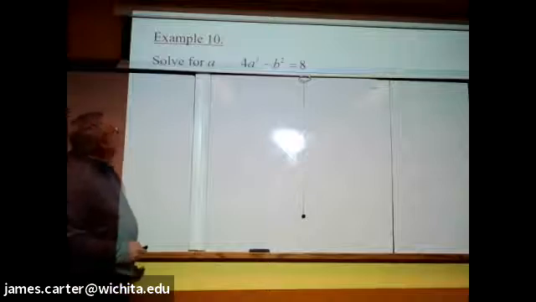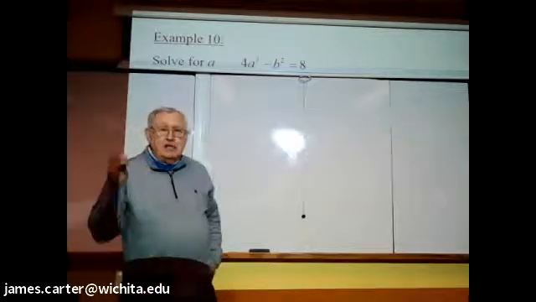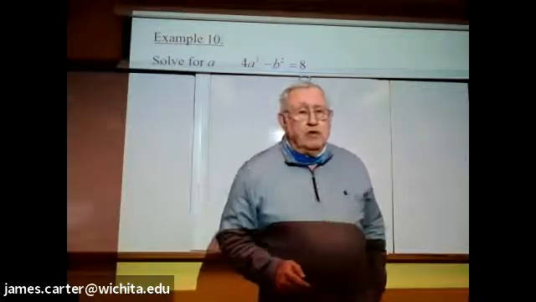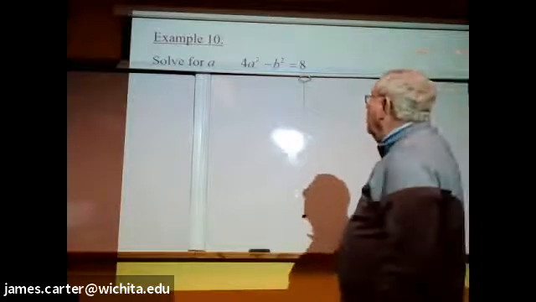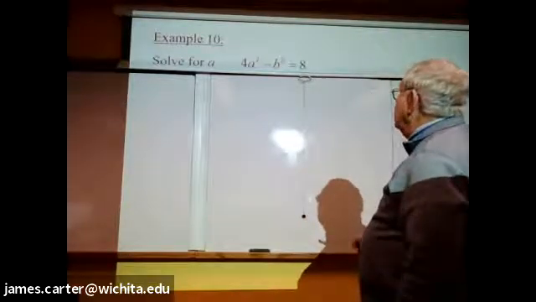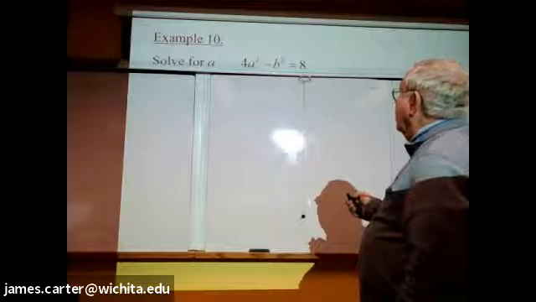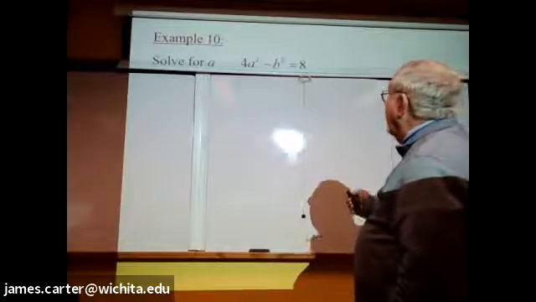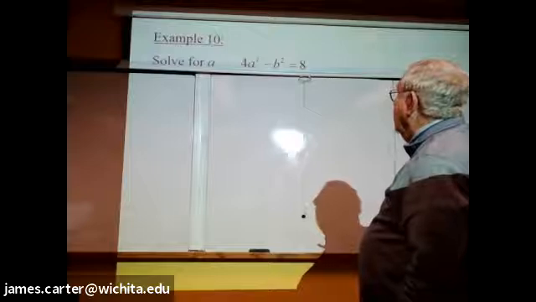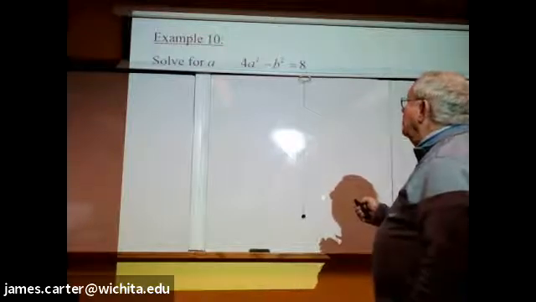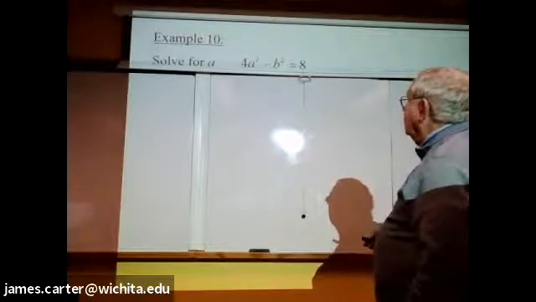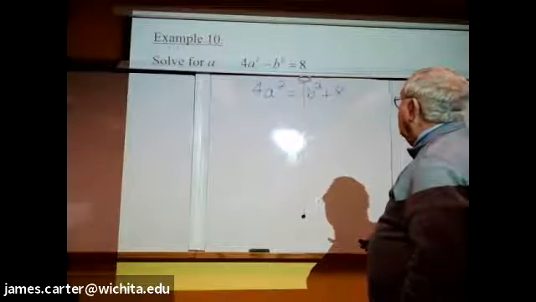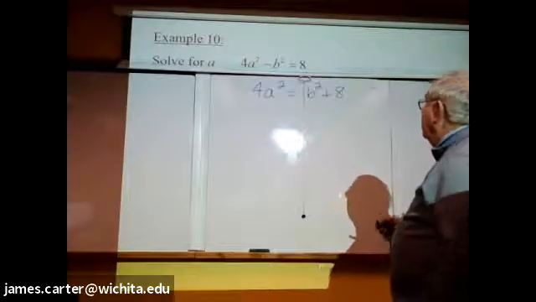Well, if you recall, we've called these literal equations. Basically, we've got to isolate an A out of this equation, is what we're doing. So what we do is first get the A squared by itself, and then find A. Okay, here's the A squared by itself.